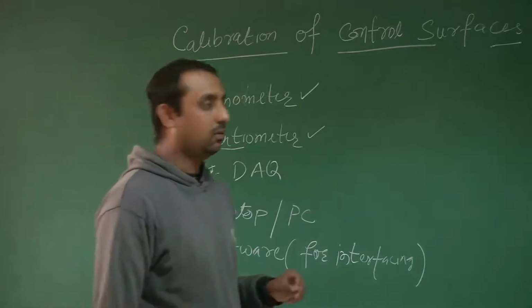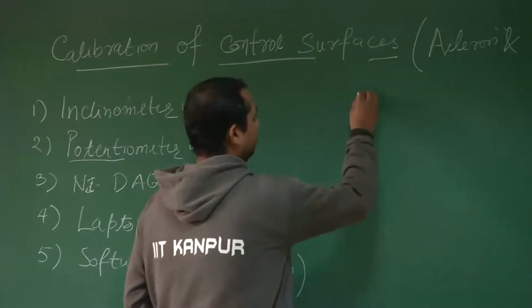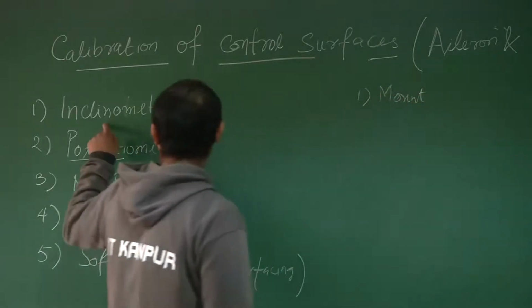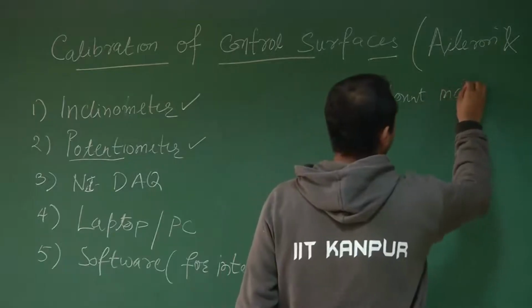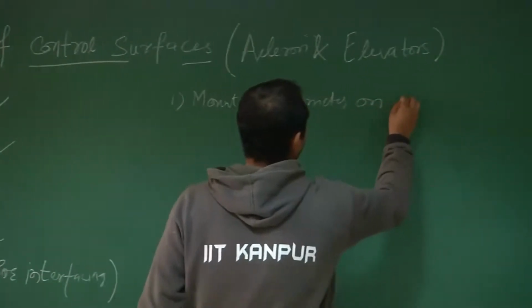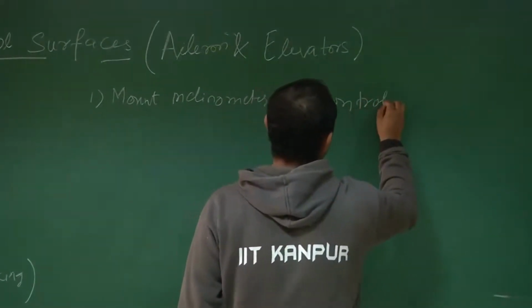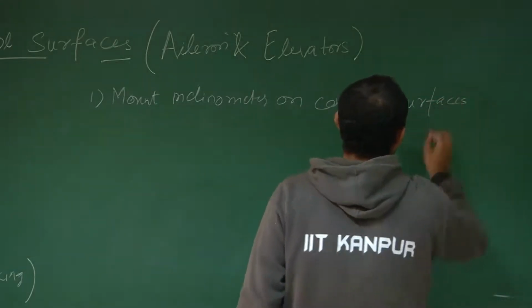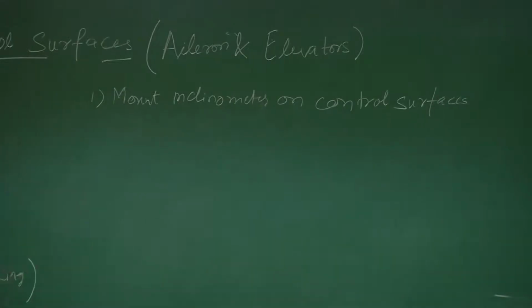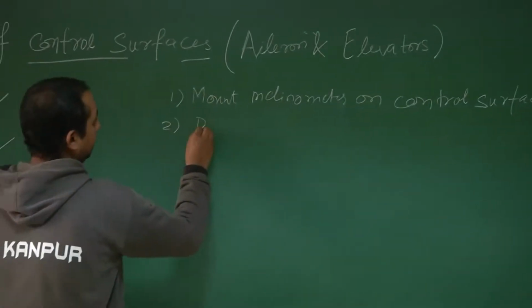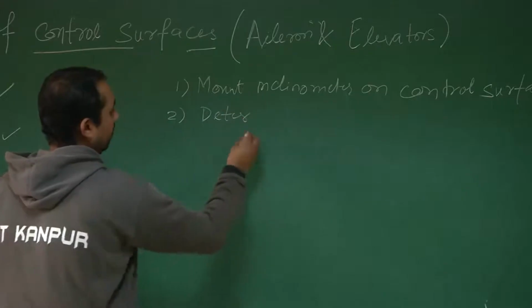The procedure involves, first, you have to mount your inclinometer on the control surface for which you want to measure or calibrate. Once this inclinometer is mounted on that device, secondly you have to determine the reference point.